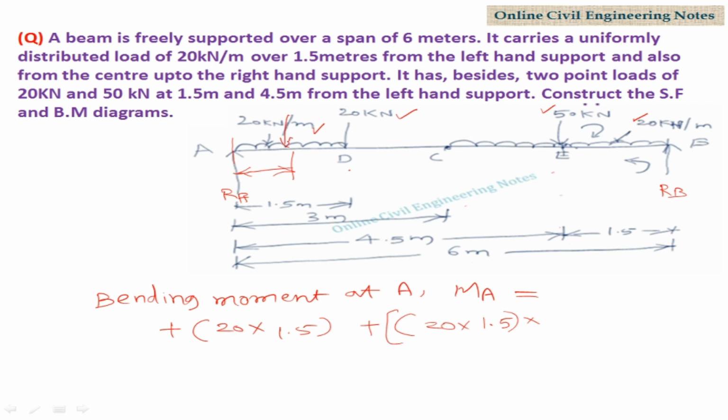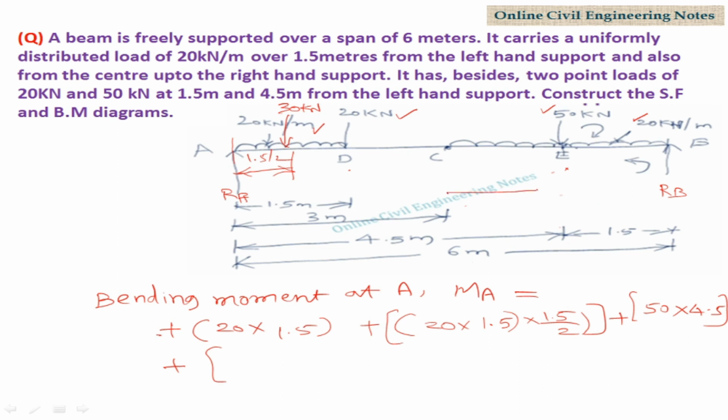It will be converted as point load, that is 30 kilonewton, and perpendicular distance is 1.5 by 2, plus another point load 50 into perpendicular distance from E to A, that is 4.5, plus another UDL is acting for a distance of 3 meters.